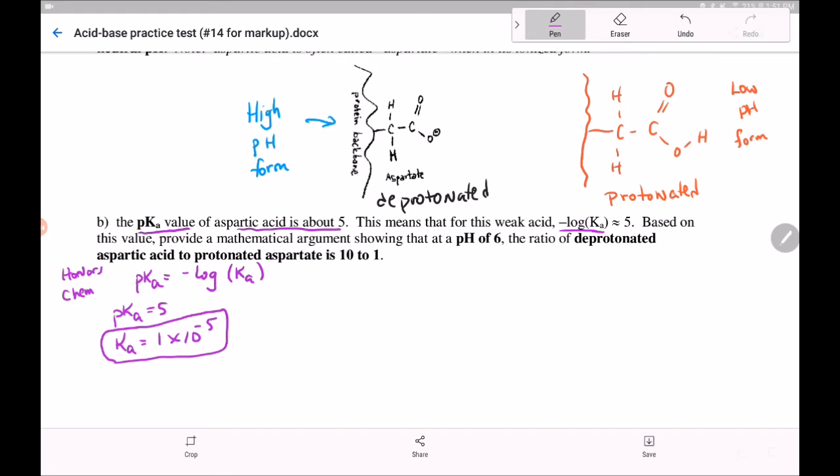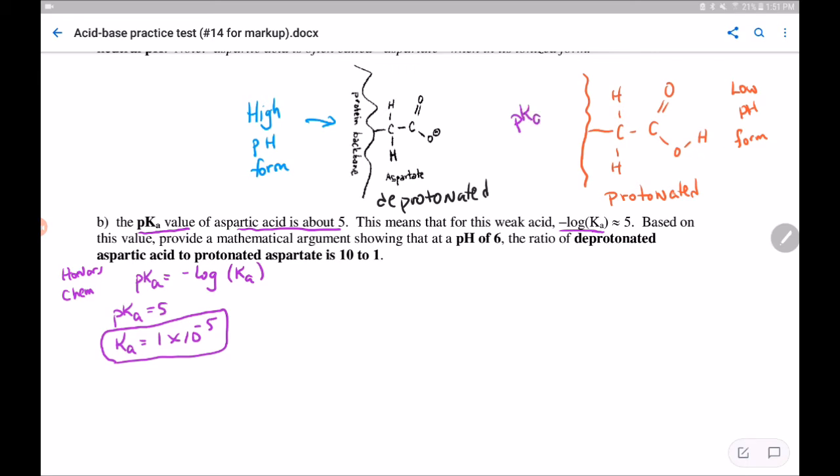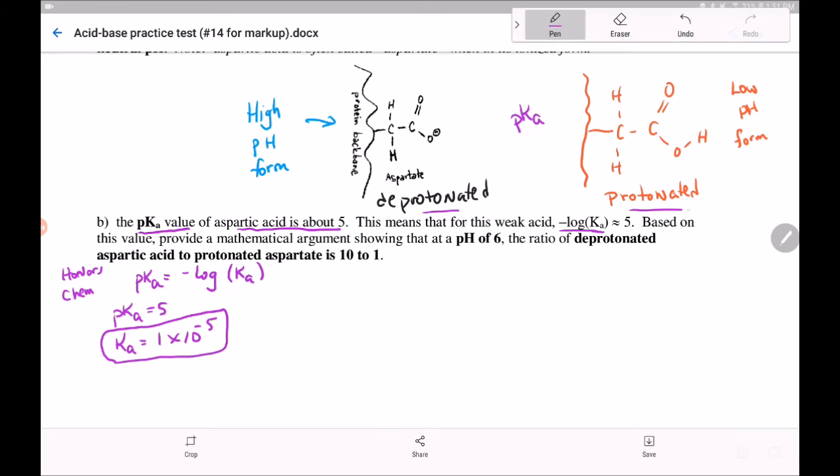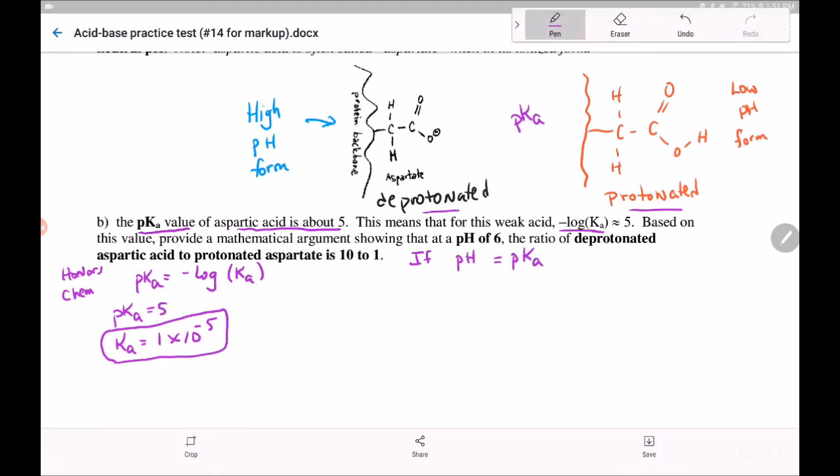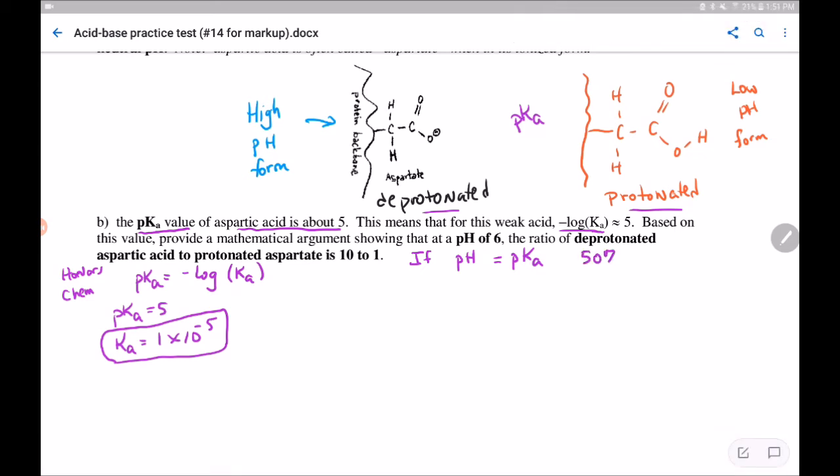The most important thing about pKa is that it determines the balance between the protonated and deprotonated forms of any acid. In this case, we're talking about the biochemical amino acid. When pH equals pKa, the balance between protonated and deprotonated is 50-50. 50% protonated and 50% deprotonated.